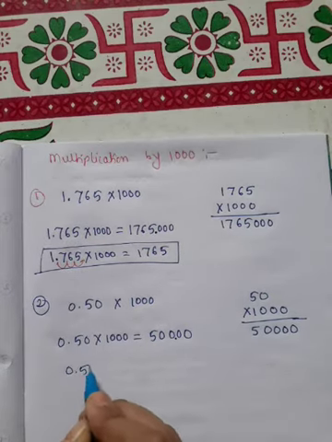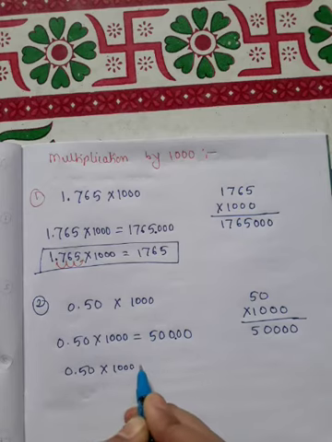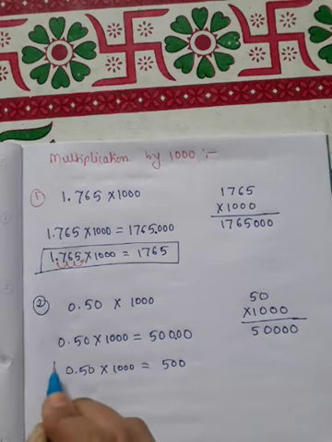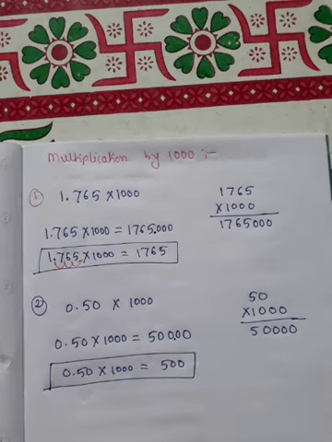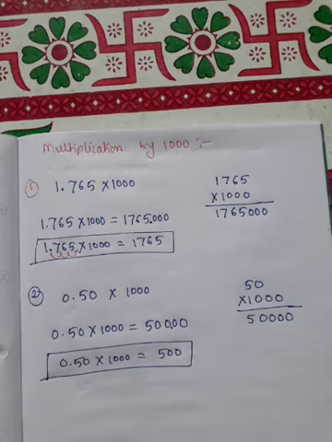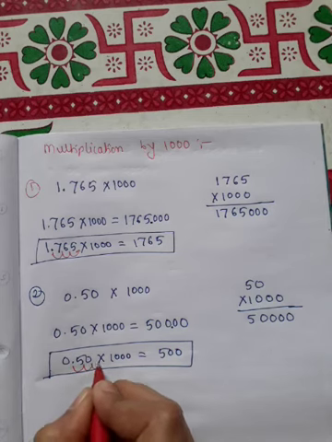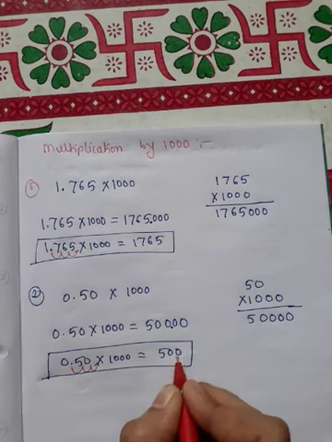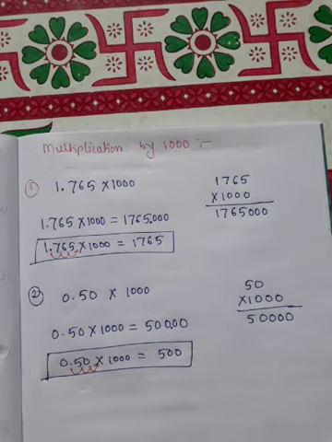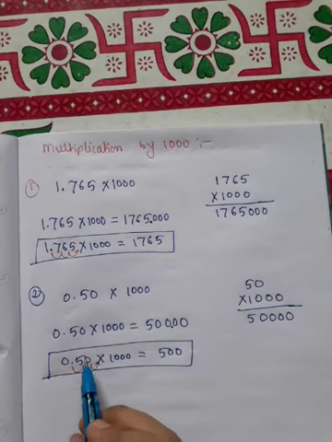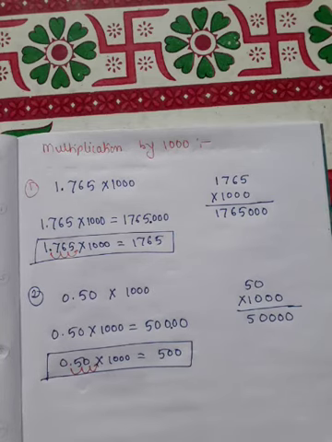So 0.50 into 1000 is equal to 500. Now see, here also the decimal point is shifted to the right by 3 units. Here there are no digits, so we have written 0 as in the previous description. When there is no digit, you write 0 and put the point.